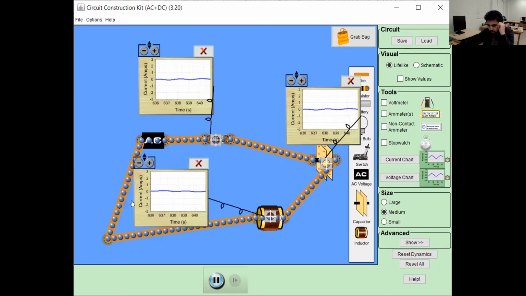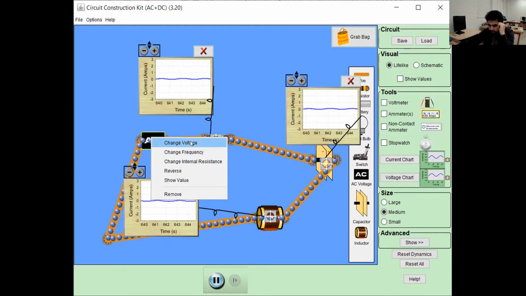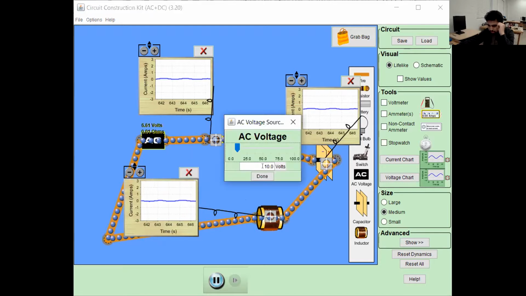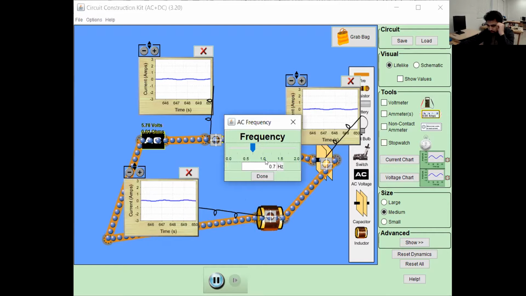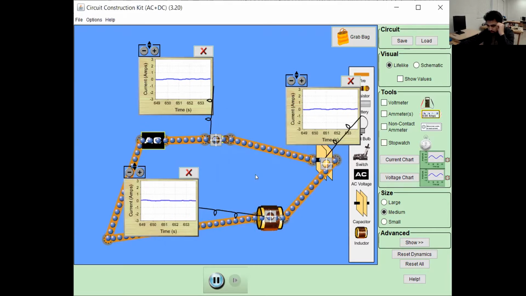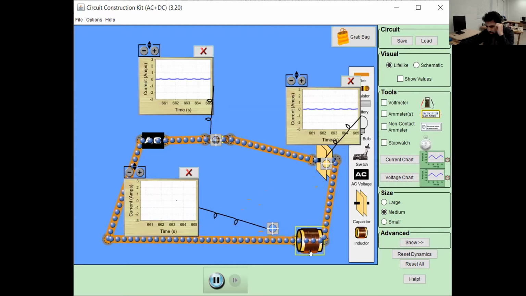Right. You can change the frequency, you can change the voltage. Is there any change? Yes, inductor.